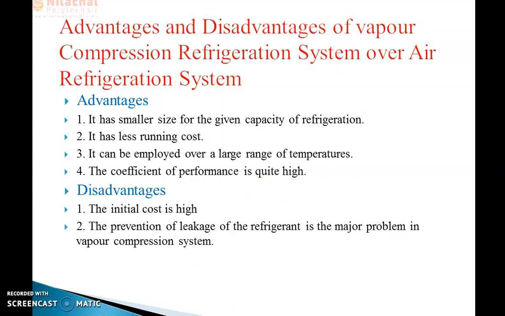If you take ammonia, the refrigerating effect, meaning heat carrying capacity, is much greater than that of air. As an example, the heat capacity of ammonia in gas form is 2.175 kilojoule per kg Kelvin, and in liquid form it is 4.74 kilojoule per kg Kelvin.